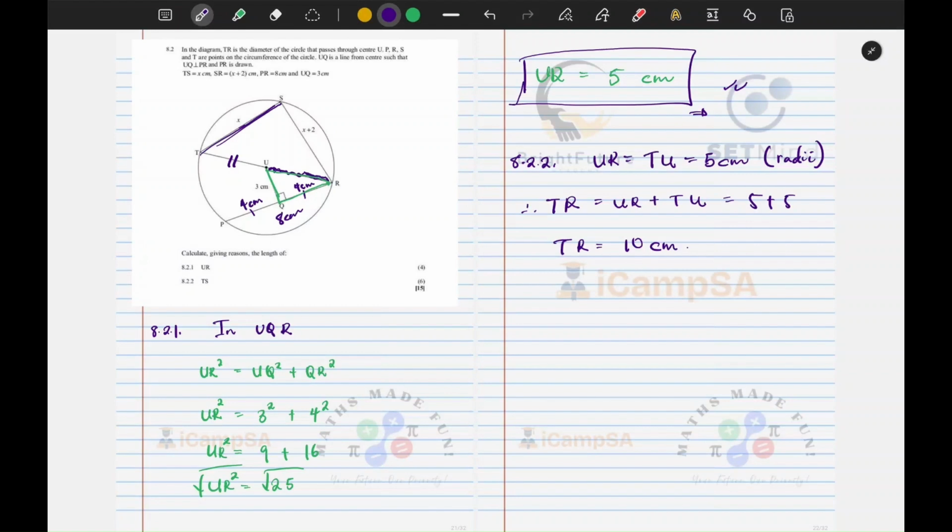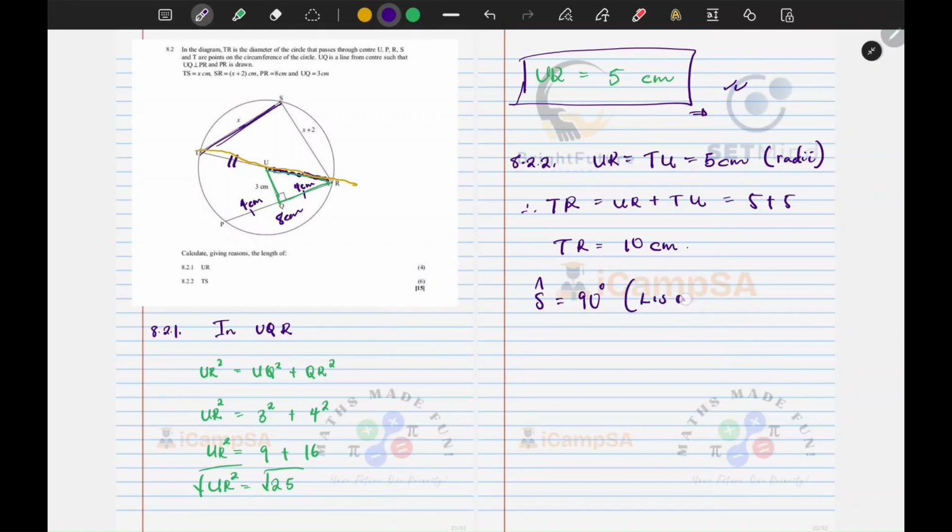So remember, this forms a diameter, and if this is a diameter, that means that this is semicircle number 1 and this is semicircle number 2. And what do you know about the angle subtended on a semicircle? It equals 90 degrees, right? So that means that your angle S is going to be equal to 90 degrees.